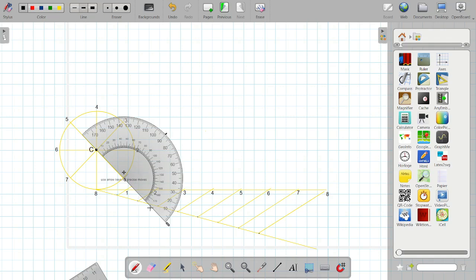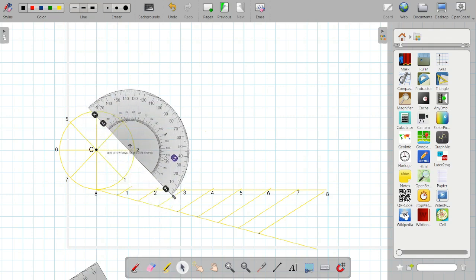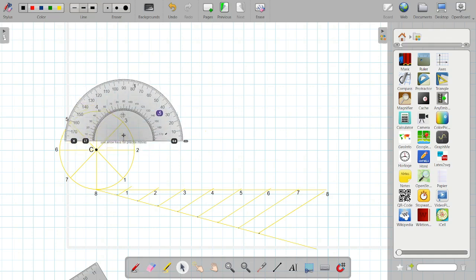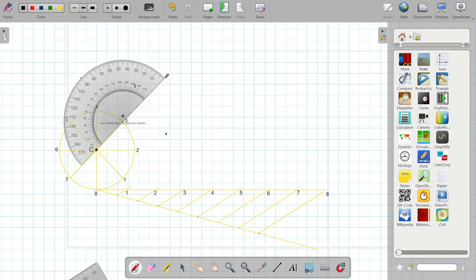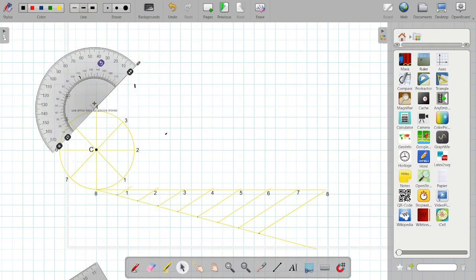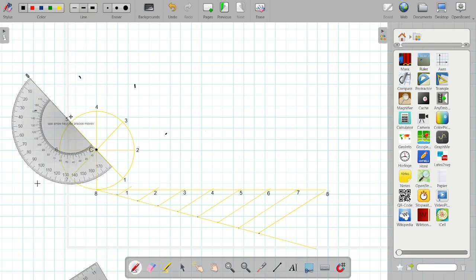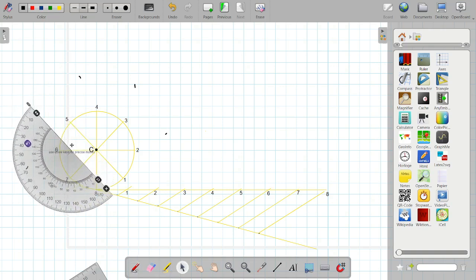Starting from point 1, then moving to point 2, then point 3, point 4, point 5, point 6.